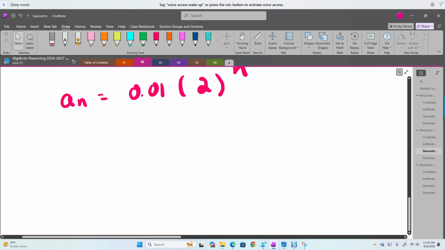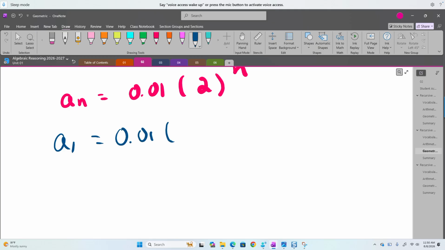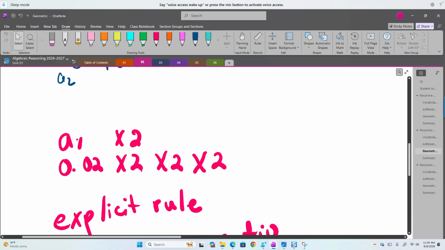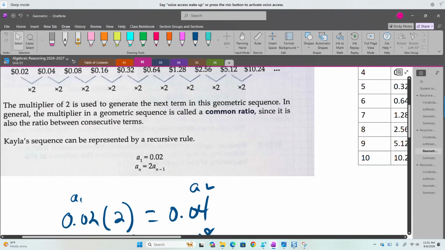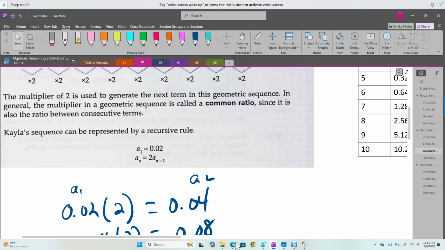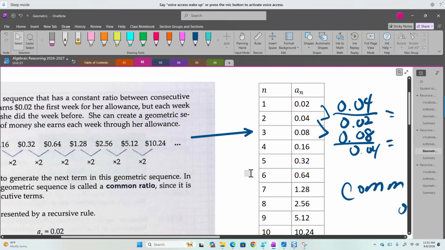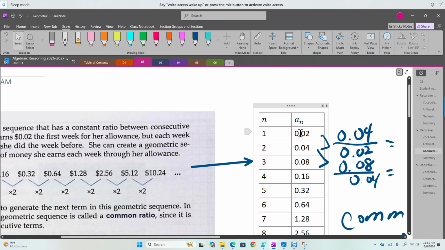So if I do a sub 1 equals 0.01 times 2 raised to the first power, 2 raised to the first power is of course 2, which gives me 0.02, which is what we have over here, right? And this is a sub 1. There we go, 0.02, okay?